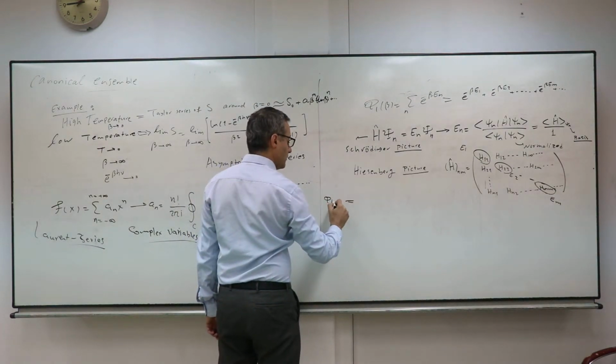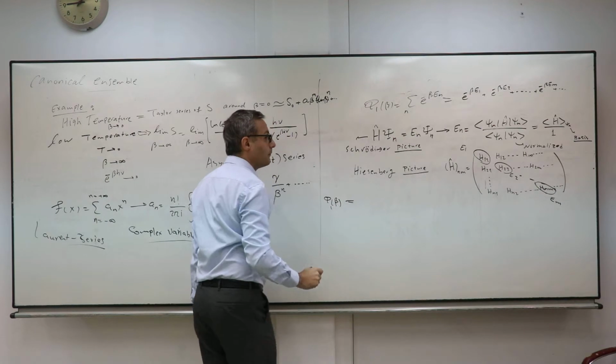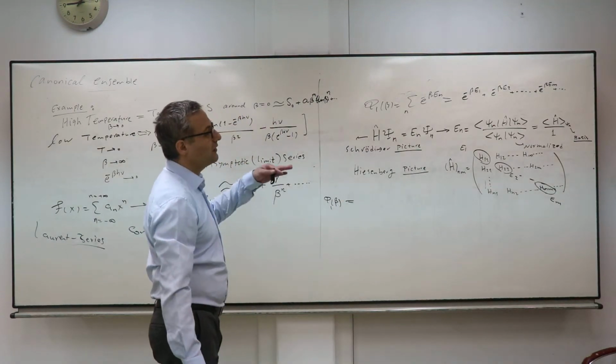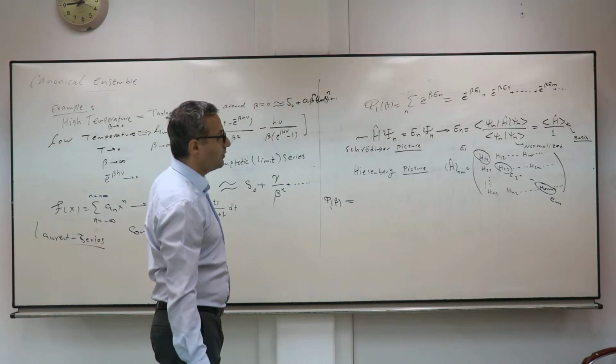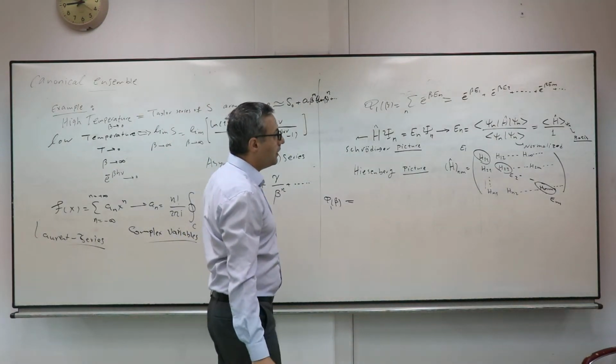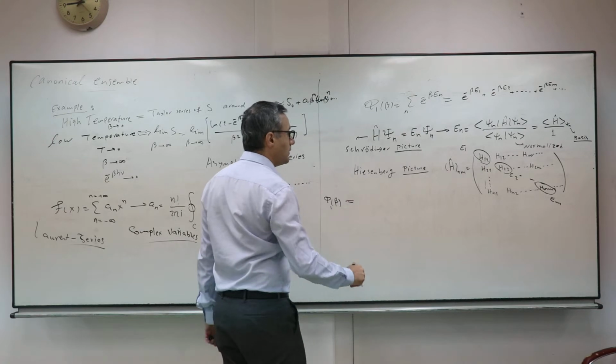So this is another alternative method to find Q1, and you see that we will work with the Hamiltonian. So how do I write e to the minus beta E1?